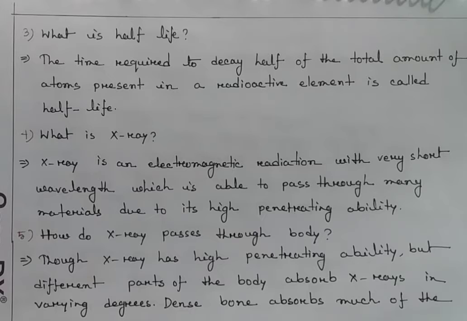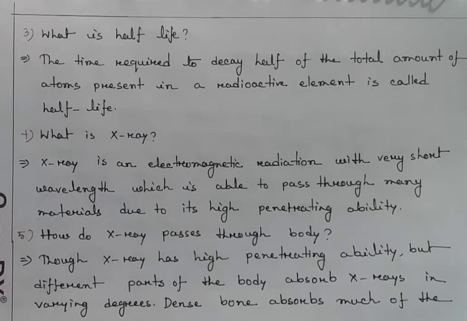And then, what is X-ray? What do you mean by X-ray? X-ray is a very common diagnosis method for determining different kinds of problems in our body. And what is X-ray? This is an electromagnetic radiation with a very short wavelength. The wavelength of X-ray is less than visible light.